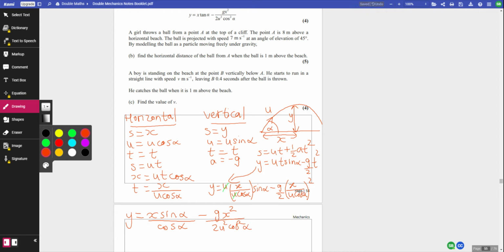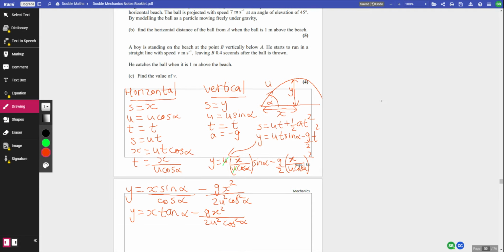Sine alpha over cos alpha we can simplify down to tan. So y equals x tan alpha minus gx squared over 2u squared cos squared alpha. And then if we go back to the question just to check that that is the same equation, and it is. So that's part A.